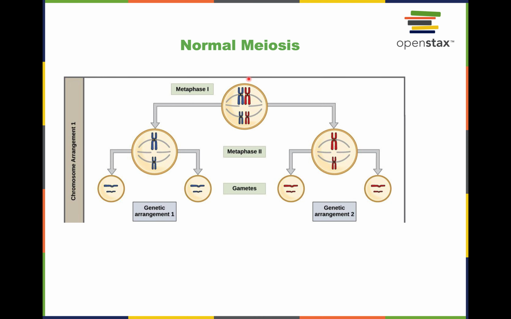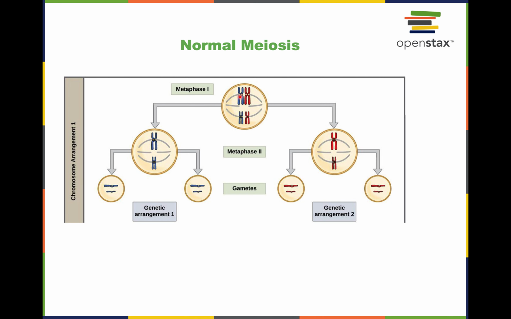So with metaphase 1, you see that we have a cell with two pairs of homologous chromosomes. And as we learned before, during metaphase 1, homologous chromosomes line up together on the metaphase plate. And then as a result of the first stage of meiosis, we separate homologous chromosomes from one another.